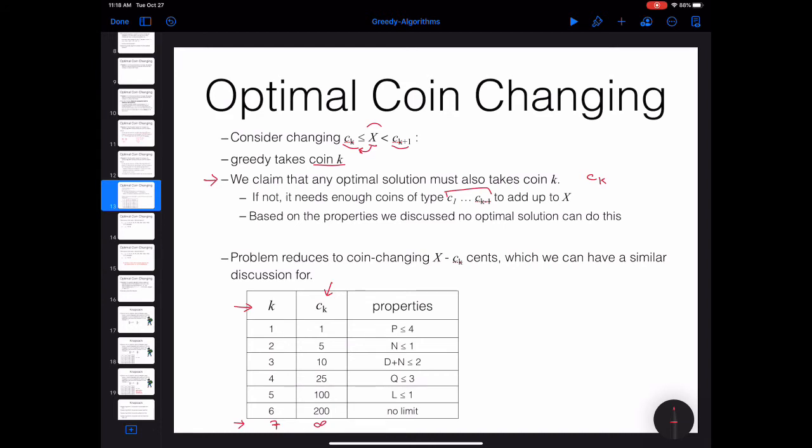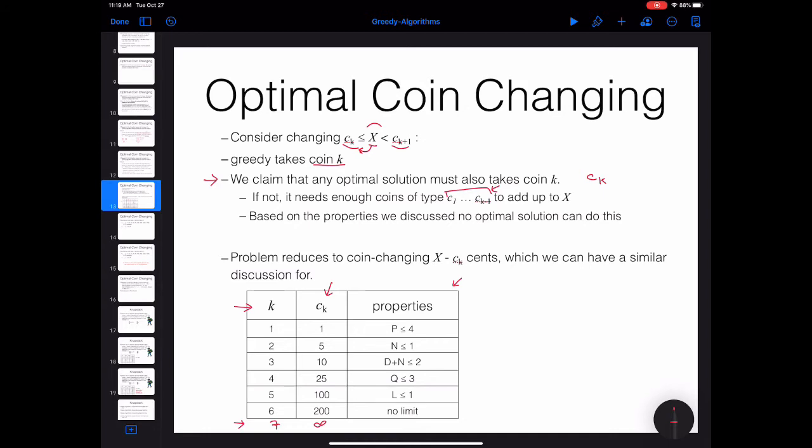And if you think about the properties that I have written, all those facts that we drew in this table, you can see that if you don't take coin k for any of these rows, and you change your amount using the coins from c1 to c(k-1) instead of ck, you are going to need more coins than one.